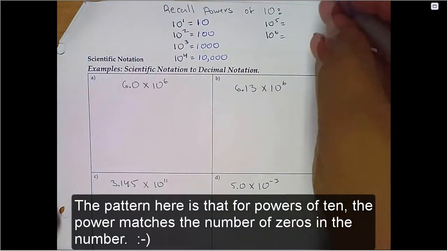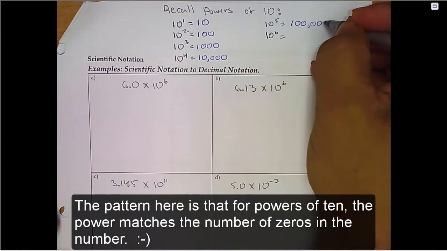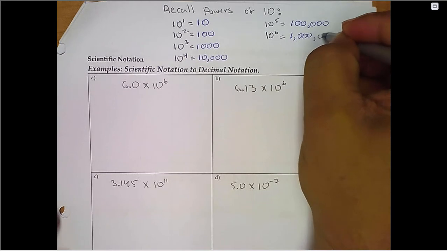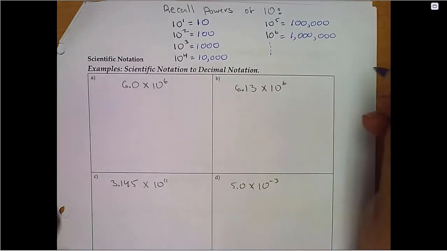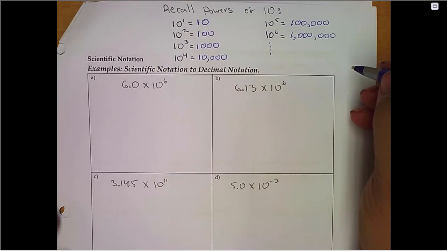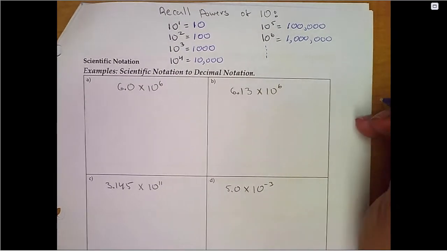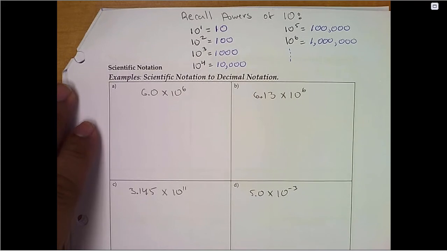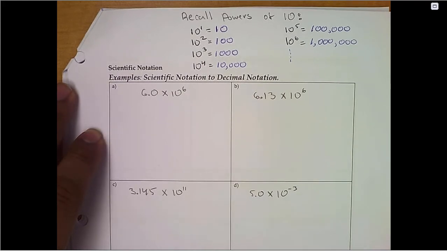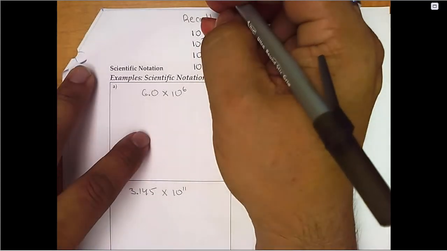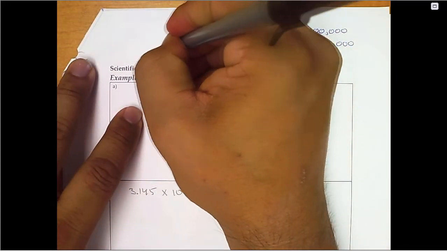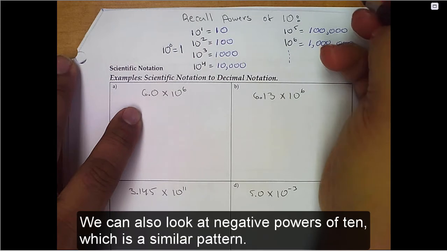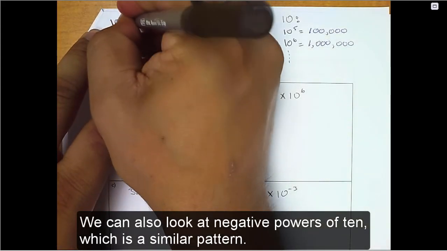The pattern here is that for powers of 10, the power matches the number of zeros in that number. We can also look at negative powers of 10, which is a similar pattern.